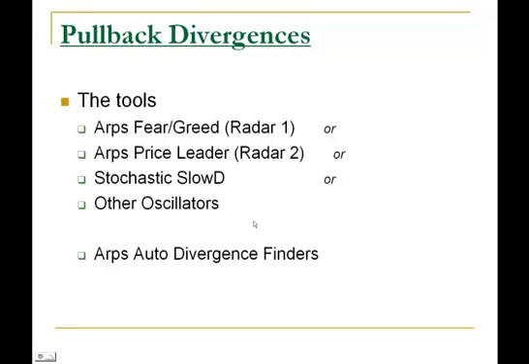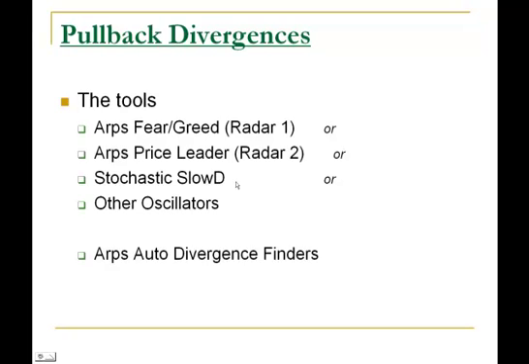Now let's look at the idea behind pullback divergences. Again, the tools that I need are a good oscillator for a pullback divergence. The fear greed indicator is good, although for pullback divergences, type 2 trend divergences, I personally prefer the Radar 2 price leader.